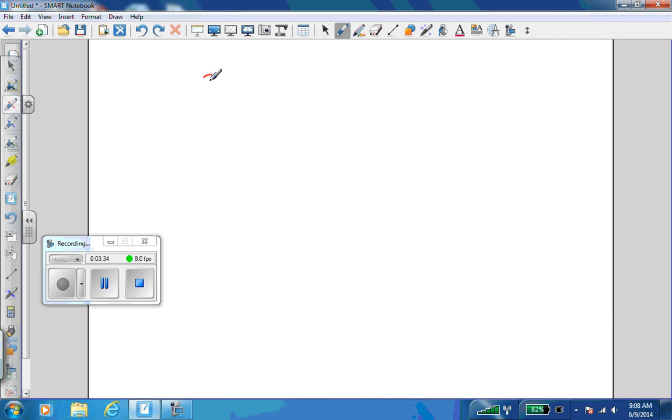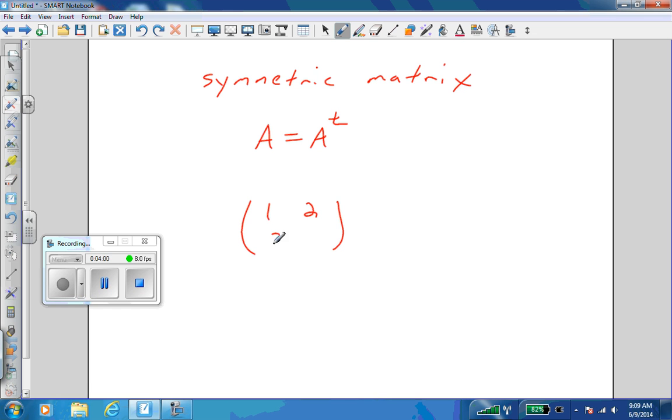Another definition is what's called a symmetric matrix. In order for a matrix to be considered symmetric, a matrix and its transpose have to be equivalent, equal to each other. An example of that, I believe, would be this.